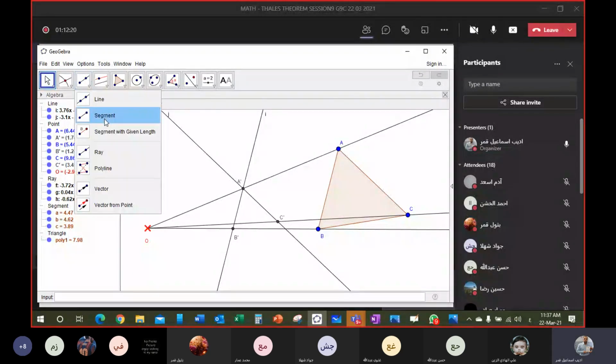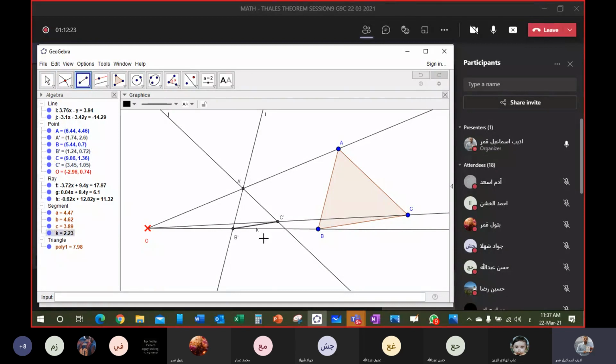I will color this triangle A prime B prime C prime in another color so the picture is clear. This A prime B prime C prime is the reduction of ABC by the center of reduction O and scale factor 1 over 2.